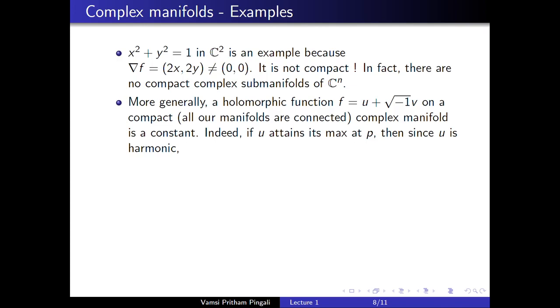So this is already an interesting fact, right? Since u is harmonic, what do we know about harmonic functions? If you don't know this fact, I invite you to look it up in Gilbarg and Trudinger's book. It's not very difficult to prove.